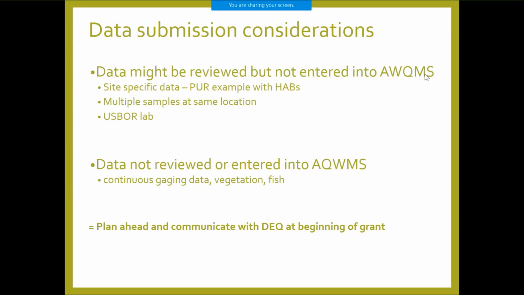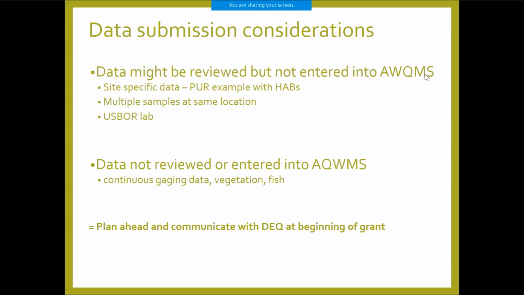So moving on, we do have a few more slides here before we get to our monitoring group testimonial. But some of the data submission considerations that we want people to be aware of is that not all of the data, particularly from non-standard projects, that you submit to the DEQ will make it into AWOMS, even though your grant might require you submitting the data to us for some form of review.